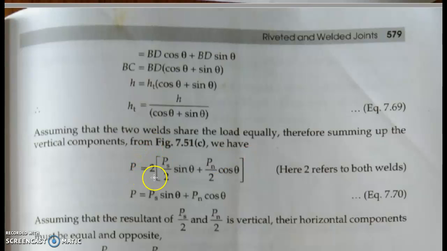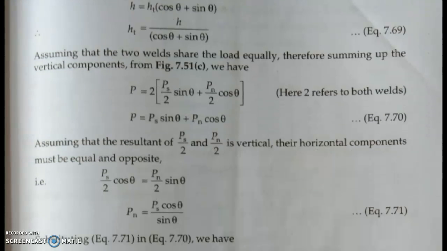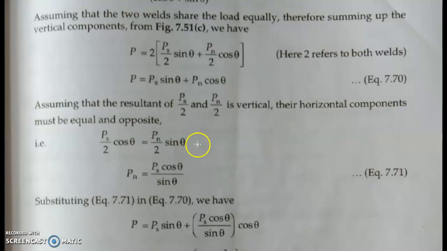P is equal to 2 into PS by 2 sin theta plus Pn by 2 cos theta, or P is equal to PS sin theta plus Pn cos theta. Then consider the horizontal components. That is PS by 2 cos theta is equal to Pn by 2 sin theta. Then what is Pn? Pn is equal to PS cos theta divided by sin theta.